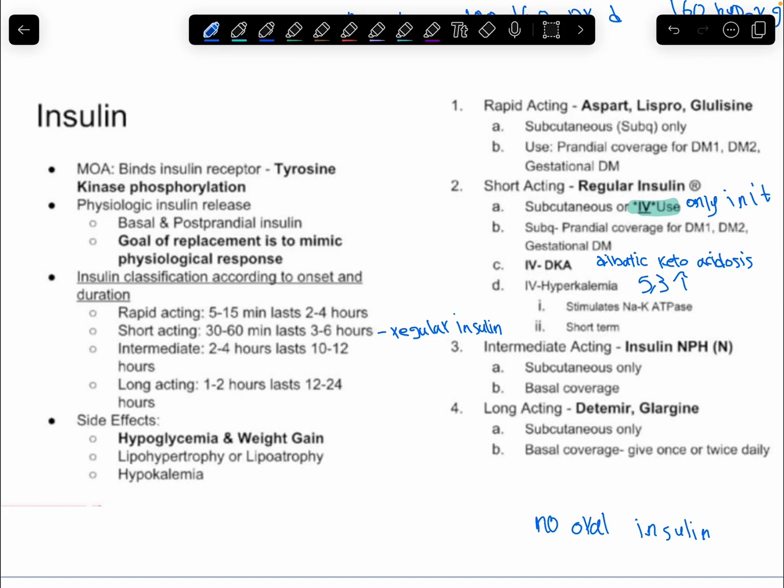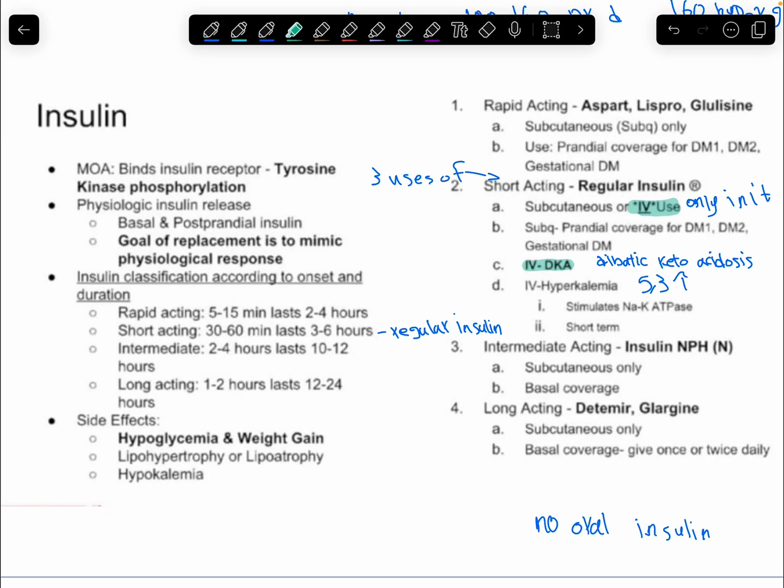For example, you get a question on your exam: write 3 clinical uses for regular insulin. So first one, you will write subcutaneous diabetes mellitus. Second one, IV DKA. Third one, IV hyperkalemia. Repeat.